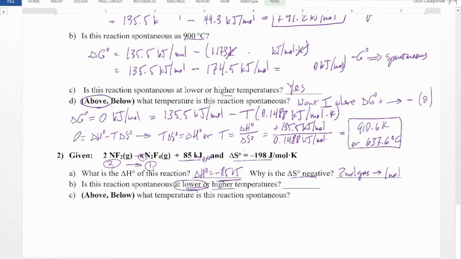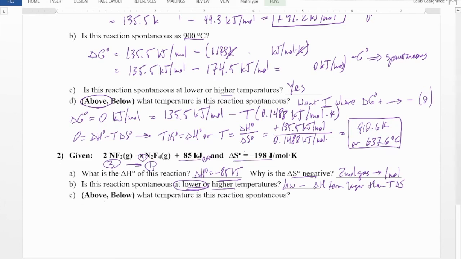So this reaction is going to be spontaneous at low temperatures. So at low temperatures, the delta H term is larger than the T times delta S term. And you can think of it that way as well, in terms of absolute value.